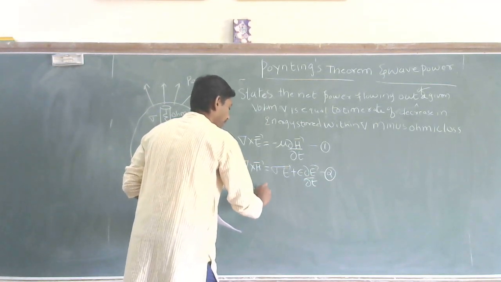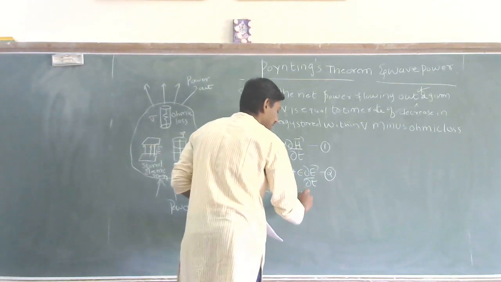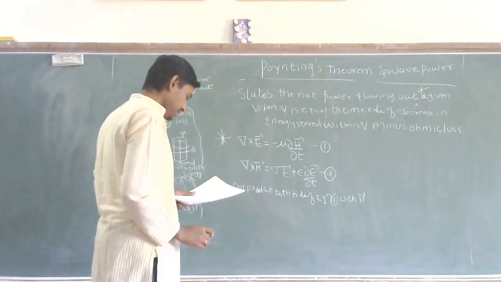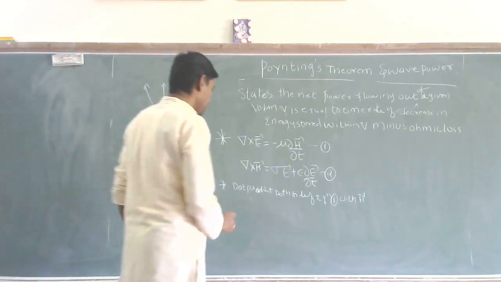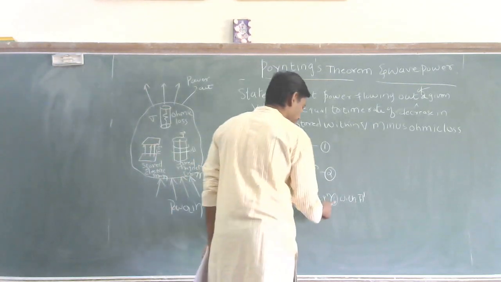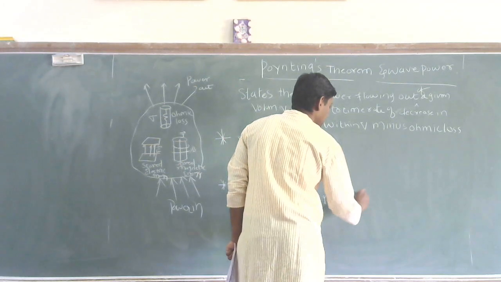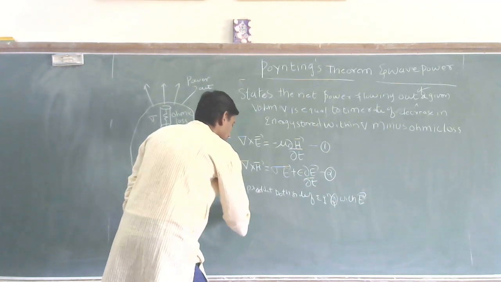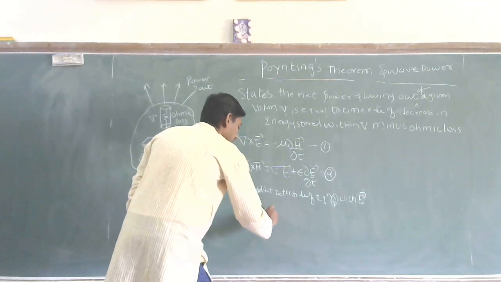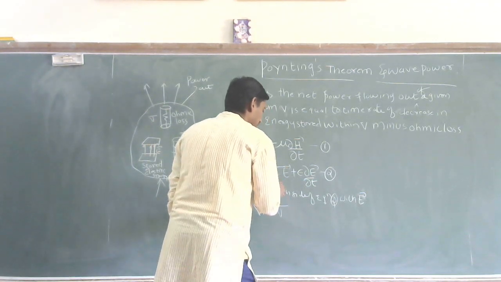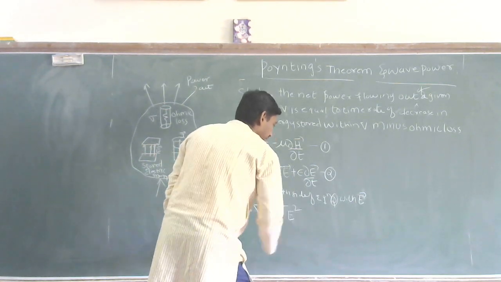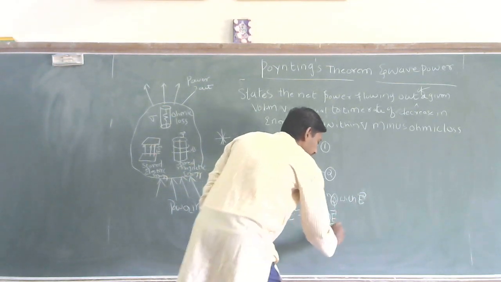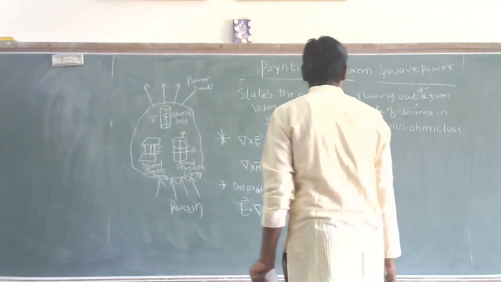Dot product on both sides of equation 1 with H. First, we'll take a dot product on both sides of equation 2 with E. So which means that it is E dot del cross H is equal to sigma times E dot E, which is E square, plus E dot epsilon times dou E by dou t. Let me call this equation number 3.